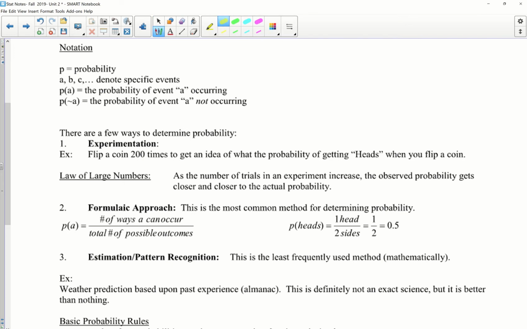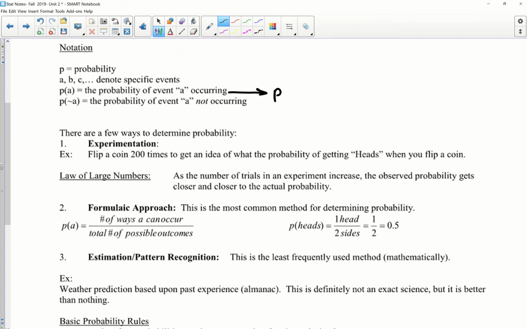A, B, and C, basically anything in the beginning of the alphabet denotes specific events, but there's nothing wrong with you actually using the name of whatever the event is. So, for example, where it says P of A, the probability of event A occurring, that's function notation from college algebra.